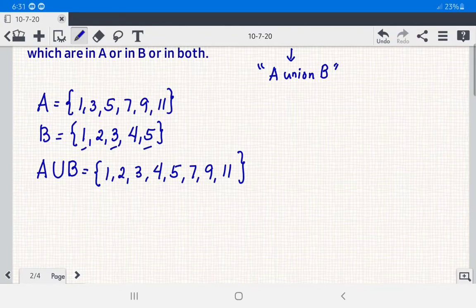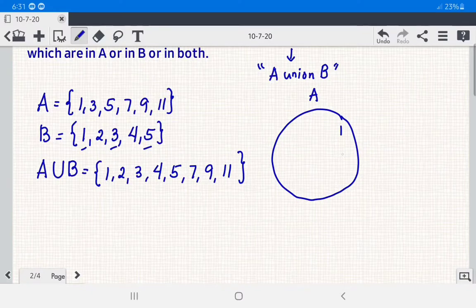Next, let us represent union of sets using the Venn diagram. Let us make use of two circles. This is set A. Let us write here 1, 3, and 5. And then here we have 7, 9, and 11.